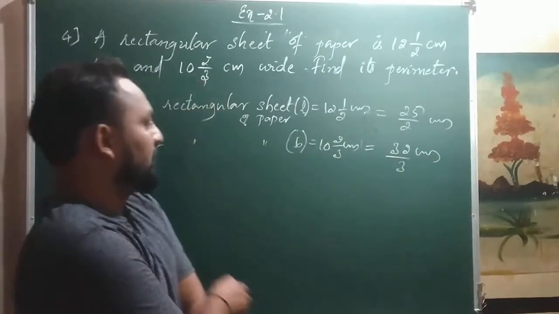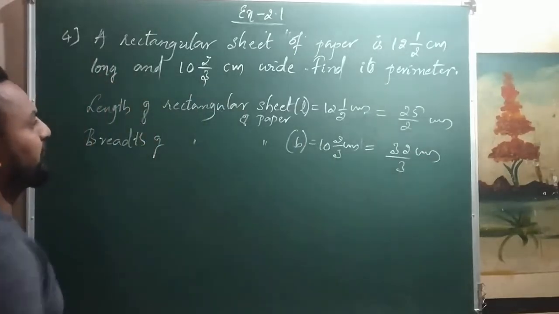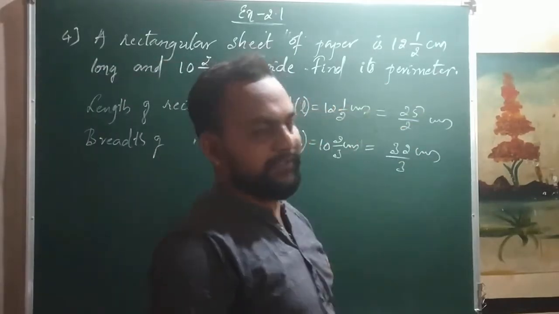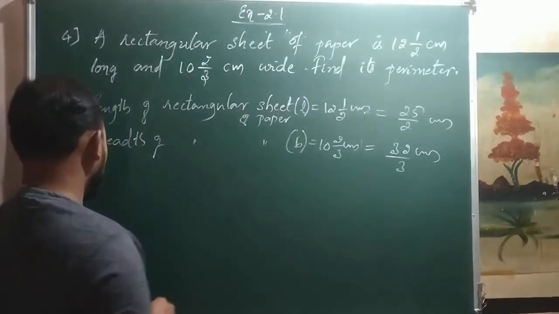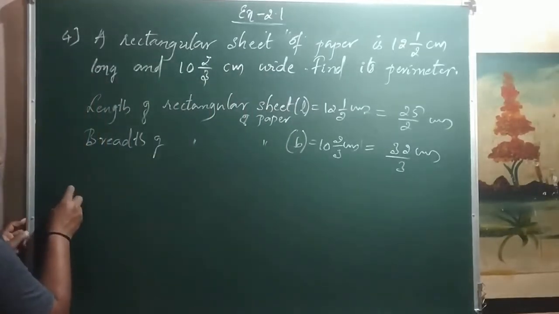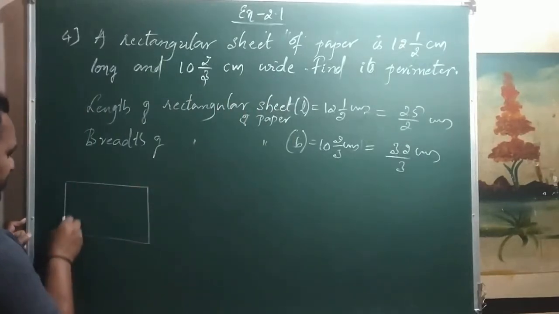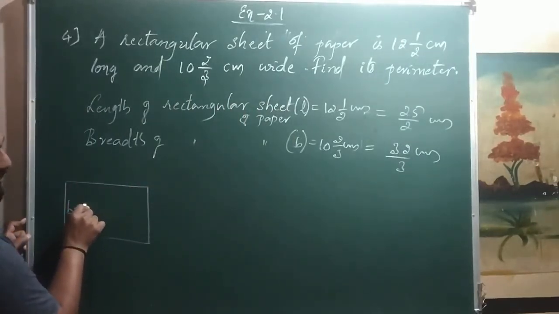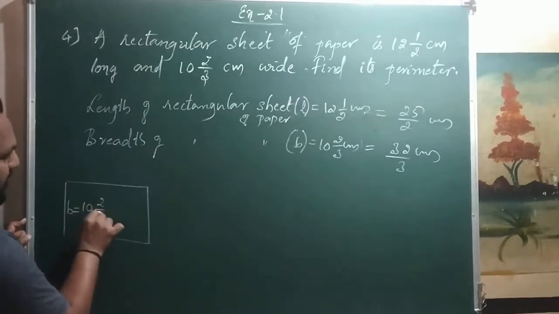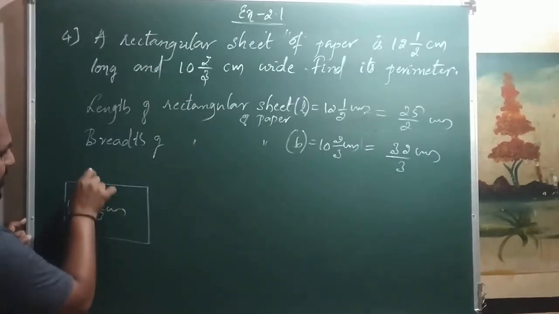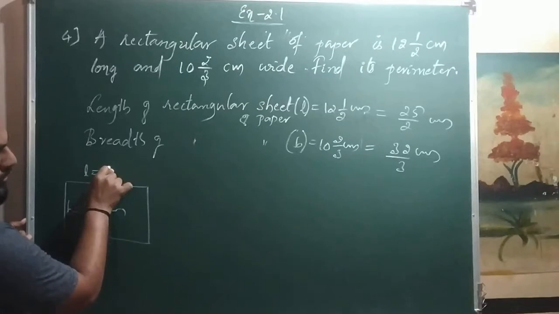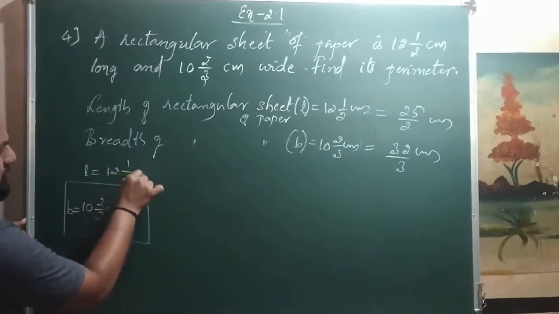Then find its perimeter. What is perimeter? Breadth is 10 2/3 centimeters and length is 12 1/2 centimeters.